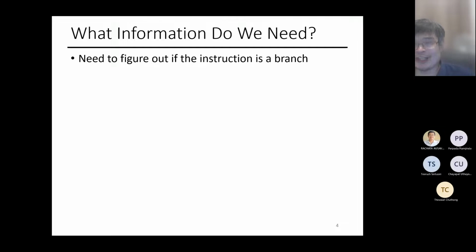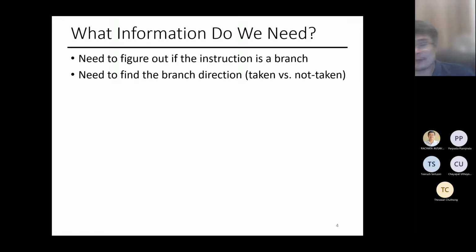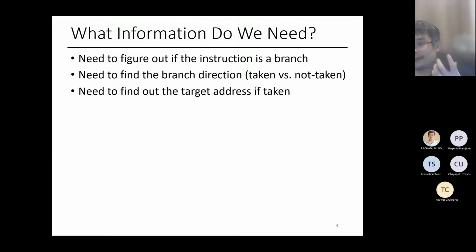It can be just an add or multiply, right? So the first thing we have to figure out is: is that a branch? Is the instruction that the program counter is pointing at the moment a branch instruction? The next thing is, let's say it's a branch instruction, is it taken or not taken? Then we need to figure out the target of the address.